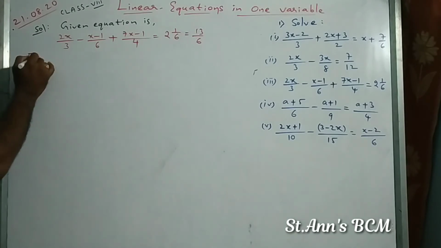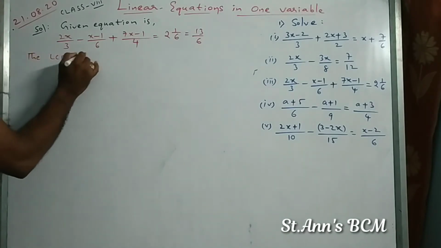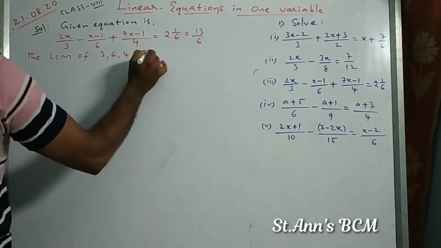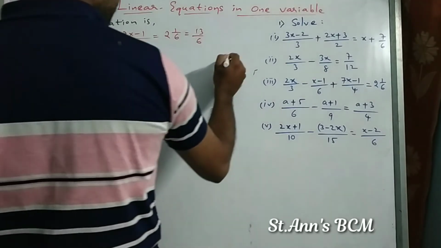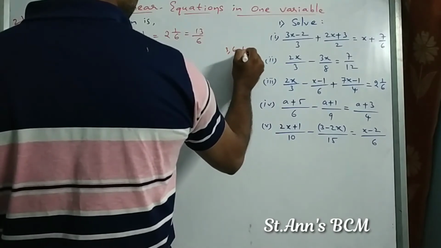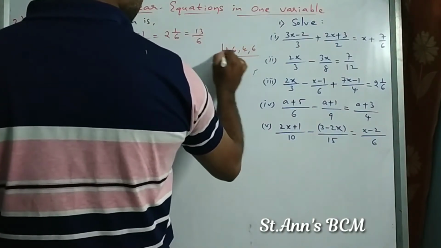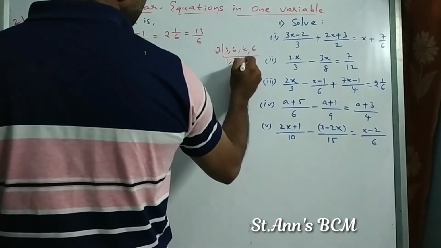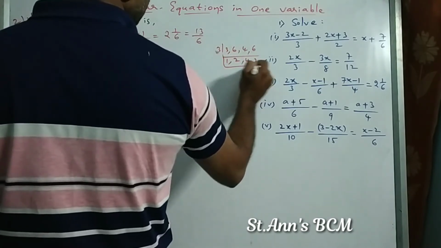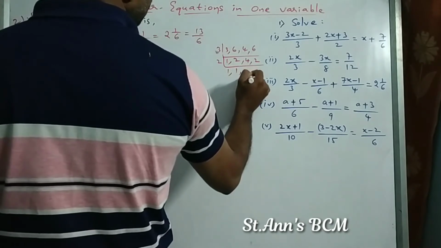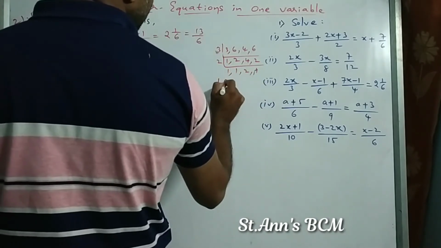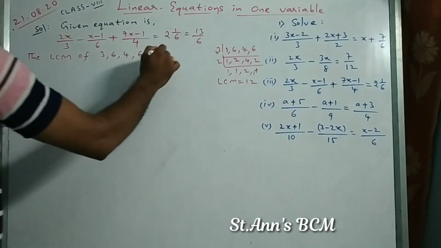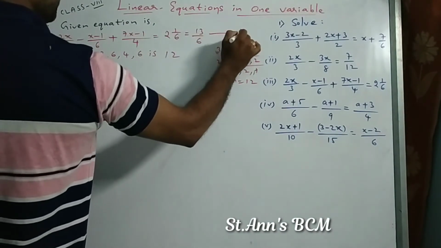The LCM of, what are the denominators here? 3, 6, 4, 6. 3 1s, 3 1s, 3 2s, 3 2s. 2 1s, 2 2s, 2 1s. 3 2s, 6, 6 2s, 12. What is the LCM? 12. So this is the equation 1.